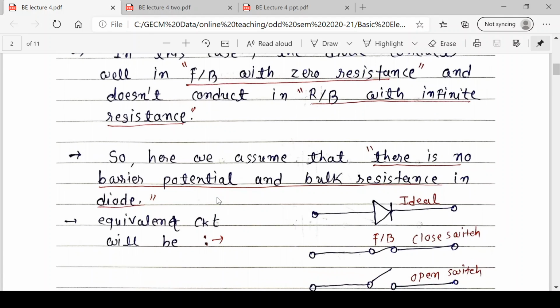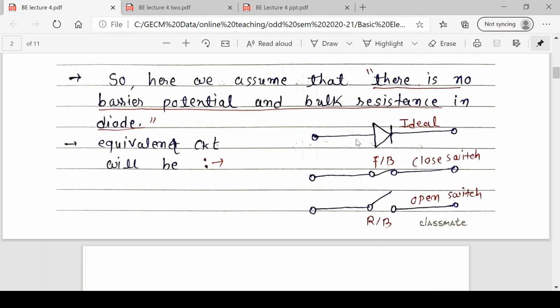So how will it be in an equivalent circuit? Suppose this diode is ideal. If you forward bias it, it works as a closed switch, zero resistance, infinite current. And suppose you reverse bias it, it works as an open switch with infinite resistance and zero current. So this is called the ideal diode, which is practically not possible, but it is just the first approximation.